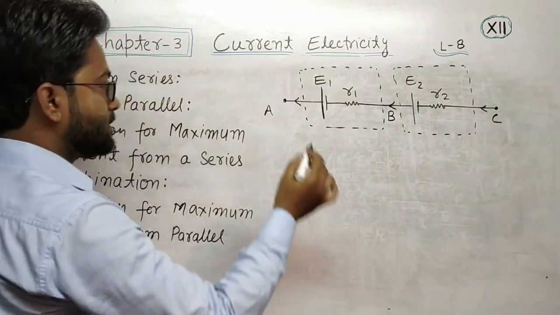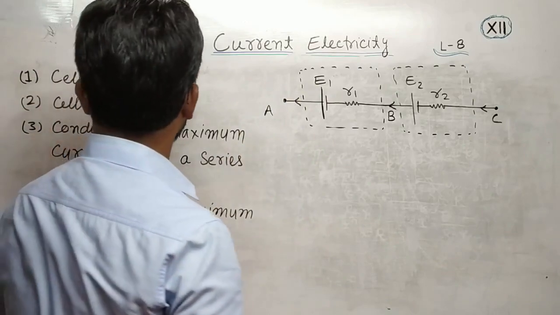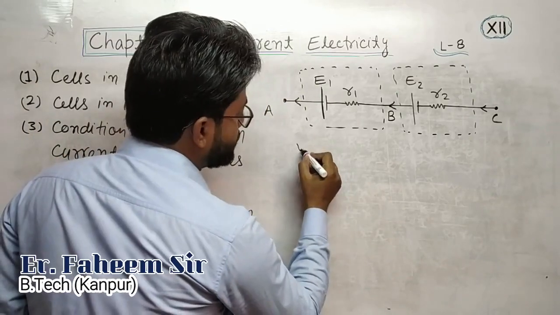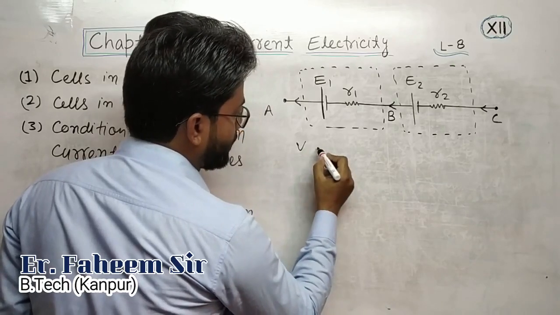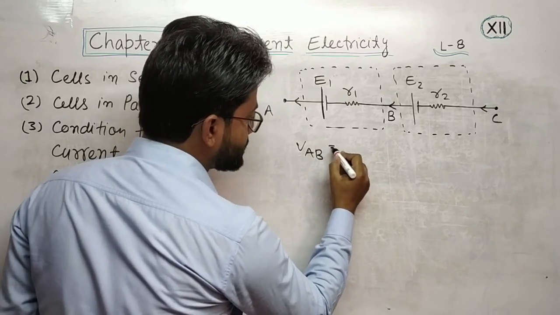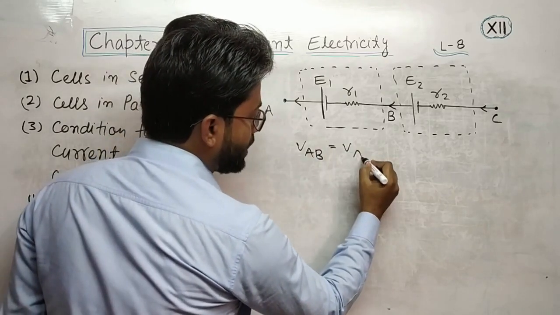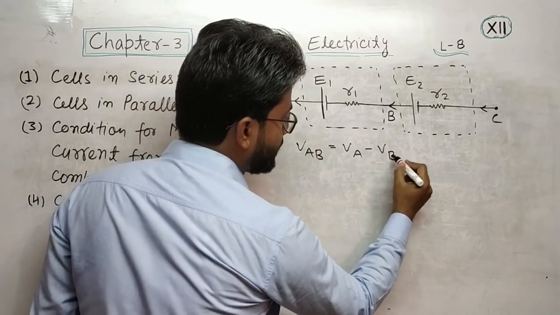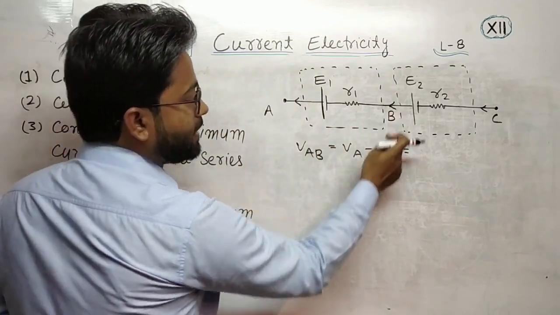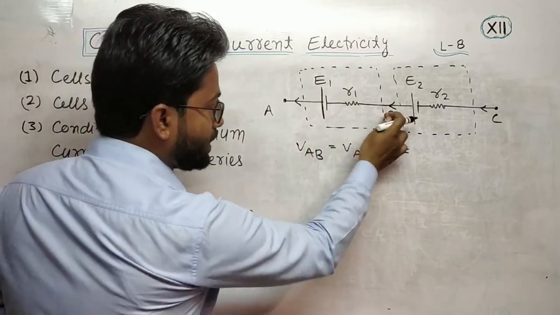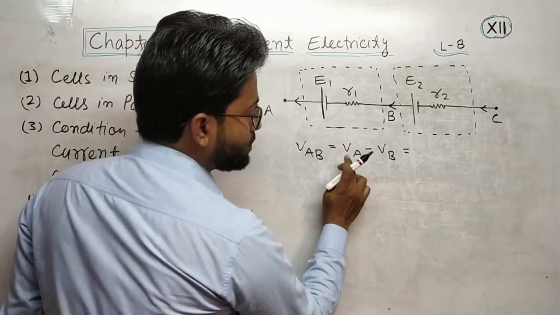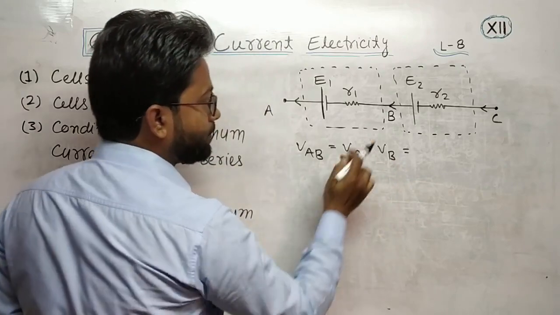if the circuit is closed. Let us suppose these two cells are in series. Then the potential difference AB is the potential at A minus the potential at B, because A is at higher potential and B is at lower potential, so the potential difference between A and B is VA minus VB.